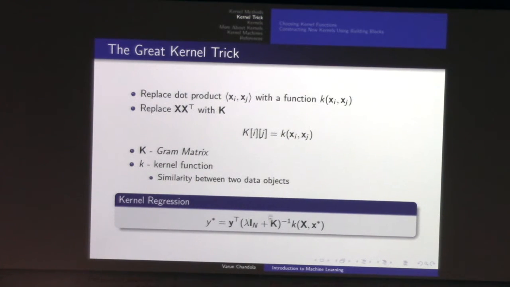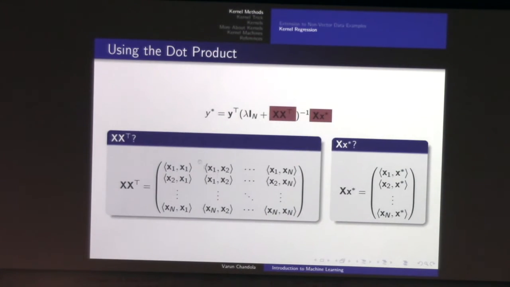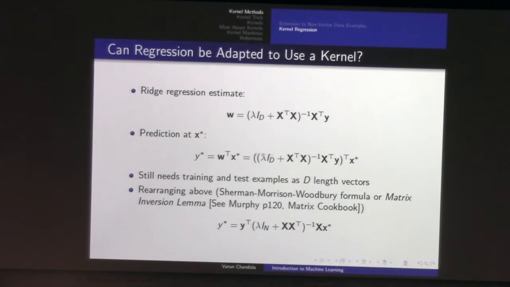So if you do typical regression, you have this equation, right? You want to predict the value y star for a new input x star. And actually, let me go back a little bit. This is the equation that we have seen, so this is ridge regression.